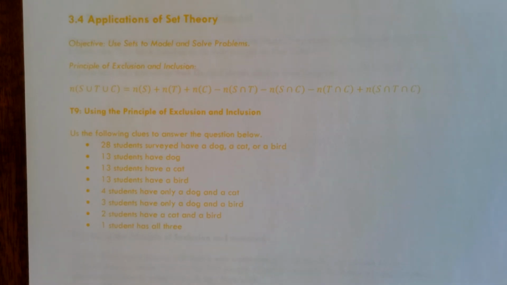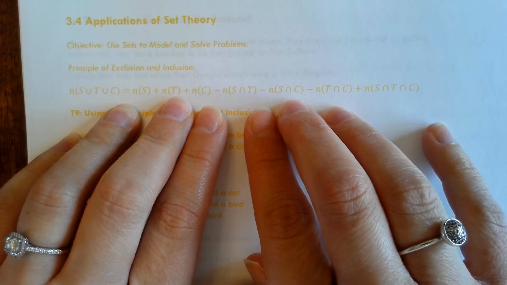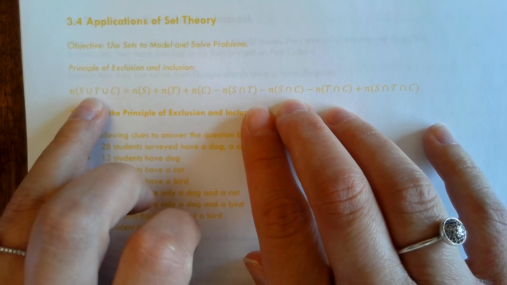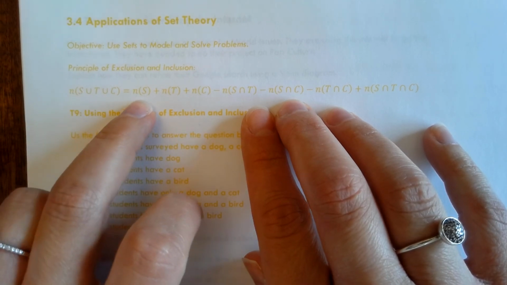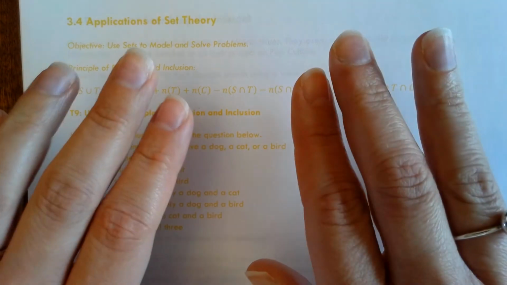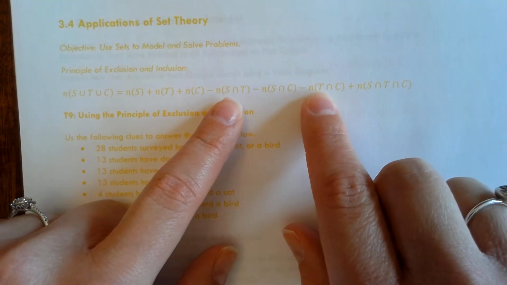The first thing I want to cover is this principle of exclusion and inclusion. It's a really long formula, but it basically just says the union of 3 things is where we take the 3 things we want to talk about, we add them all up, but because there's some overlap, we have to subtract those overlap parts.